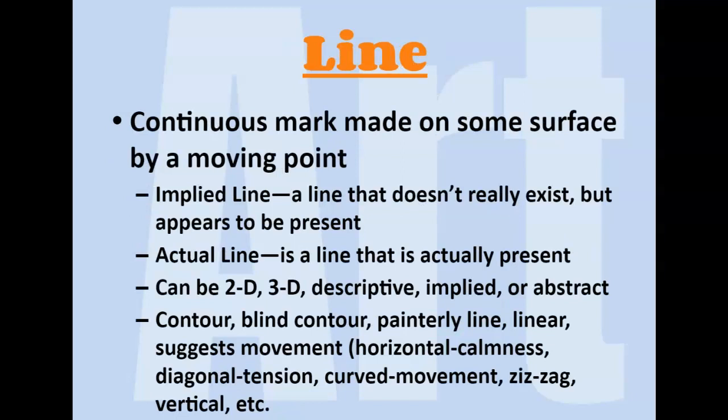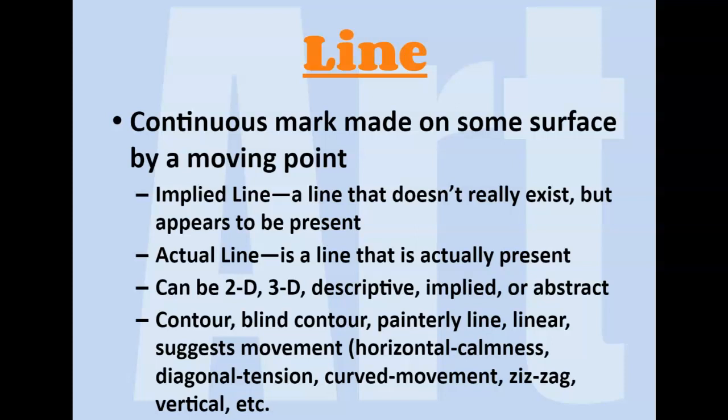We have the element of line. Line is a continuous mark made on some surface by a moving point. You have different types of line. You have implied line, which is a line that doesn't really exist but appears to be present. You have actual line, which is a line that is actually present and you can see it. The line can be two-dimensional, three-dimensional, descriptive, implied, or abstract.